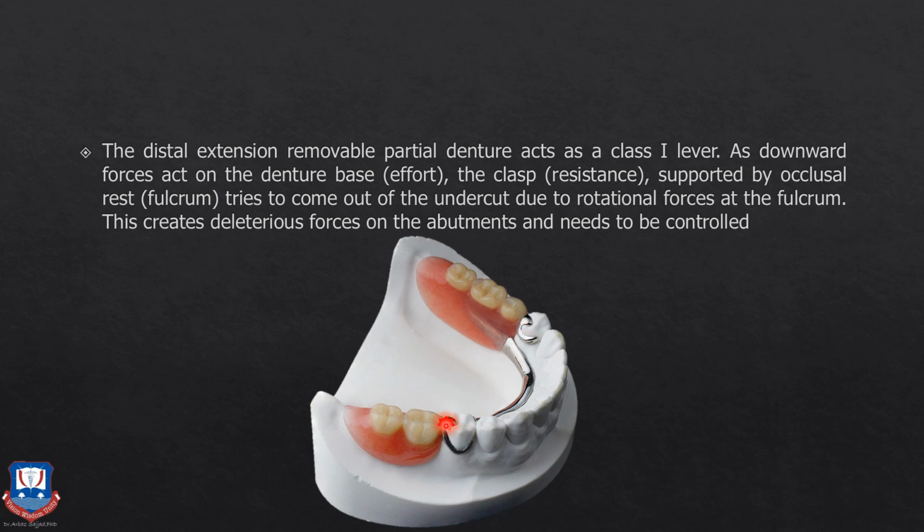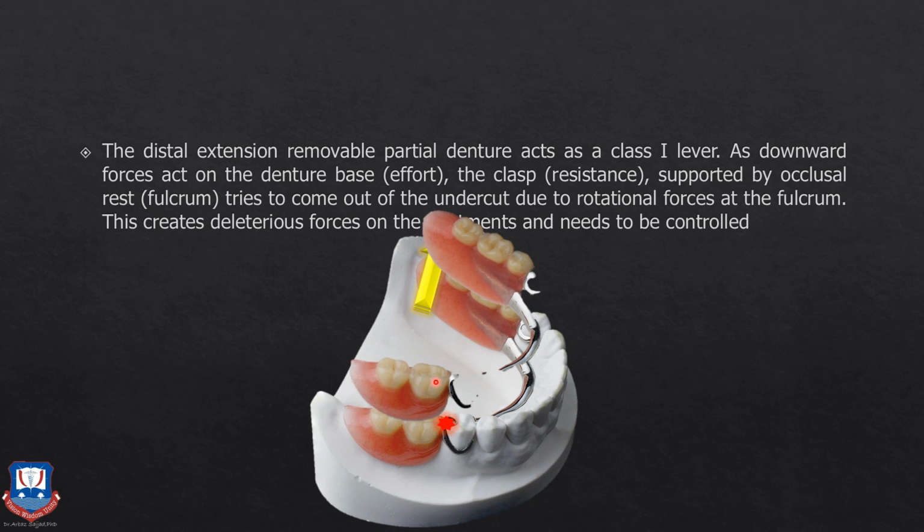So these terminal abutment teeth act as the fulcrum, and any sticky food that tries to pull the denture away from the ridges in a vertical direction is the effort. The RPD moving in a vertical direction, that is along the sagittal plane, is the demonstration of the class 1 lever principle as shown in the figure over here.